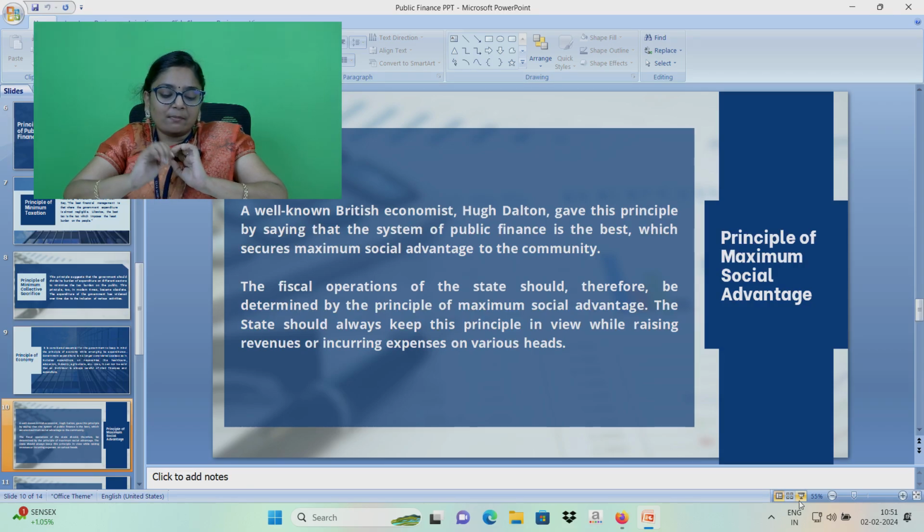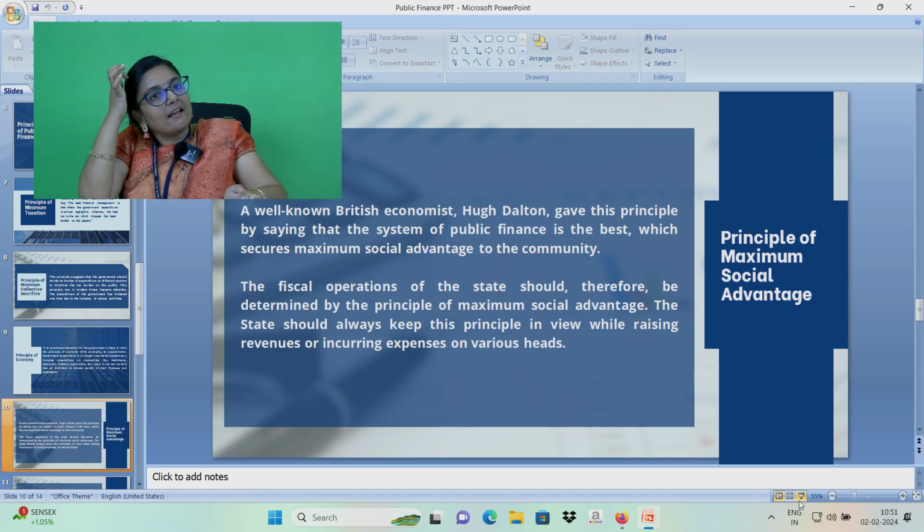Next is the principle of maximum social advantage. A well-known British economist, Hugh Dalton, gave this principle by saying that the system of public finance is the best when it secures maximum advantage to the community. The fiscal operations of the state should therefore follow the principle of maximum social advantage.